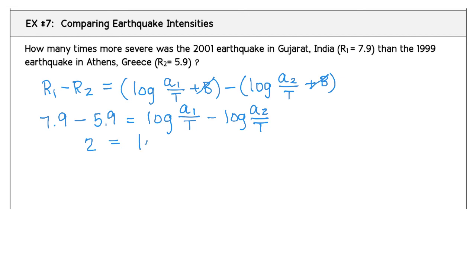You can put these together, and so that's going to be log of A sub 1 over T over A sub 2 over T. And let's simplify that fraction over here. Those T's will cancel. So that's log A sub 1 over A sub 2.